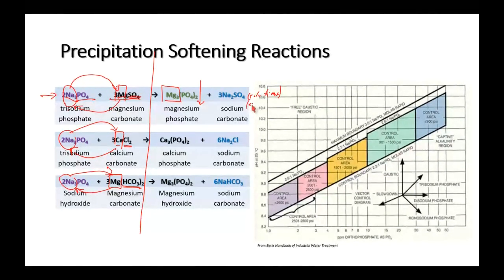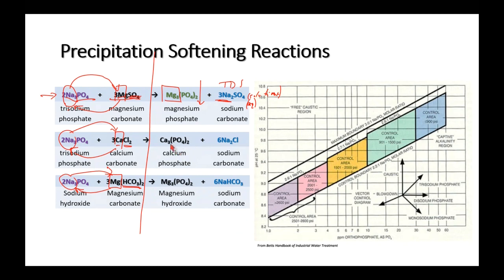Maybe I should put an AQ there. Remains in solution, in an aqueous solution. Being a sodium compound, it's highly soluble. It doesn't precipitate, it doesn't make scale. But it is a dissolved solid. So, whatever.